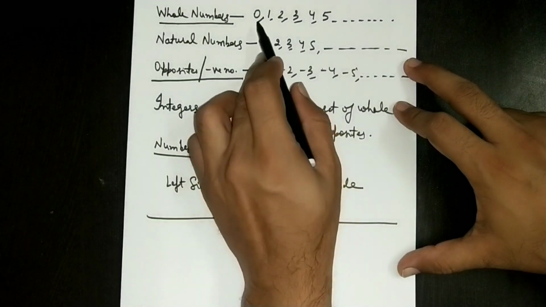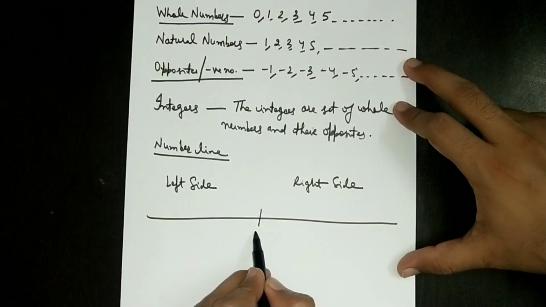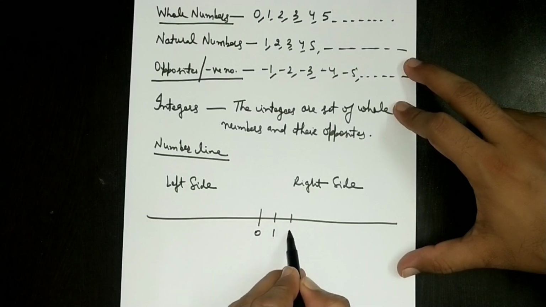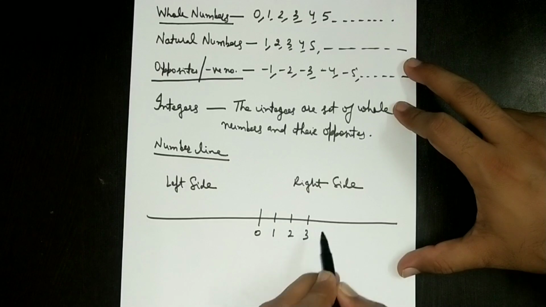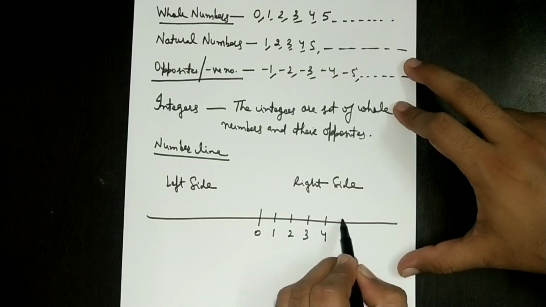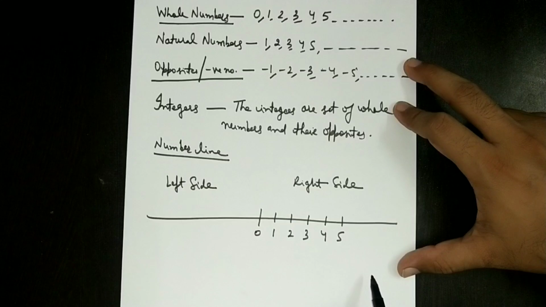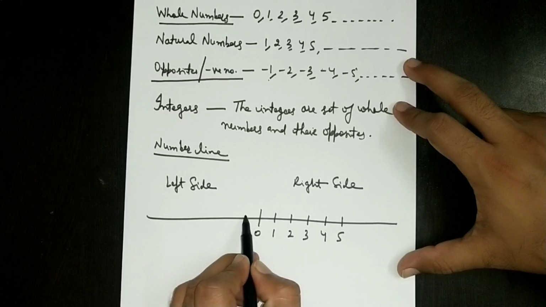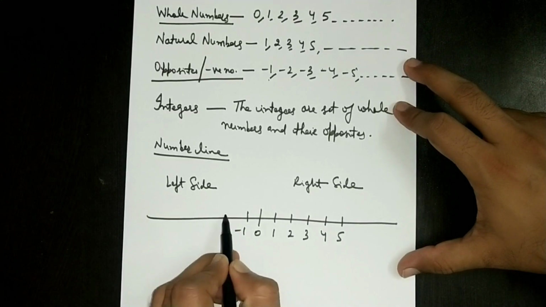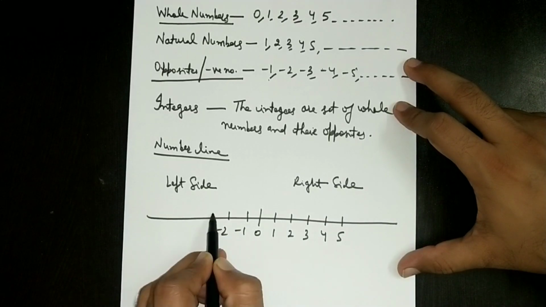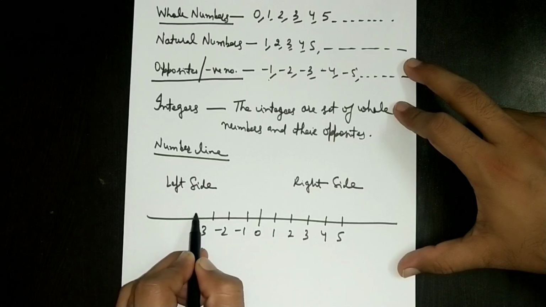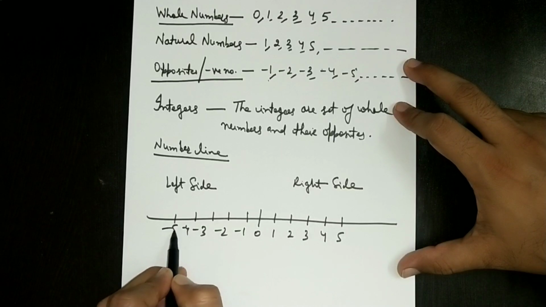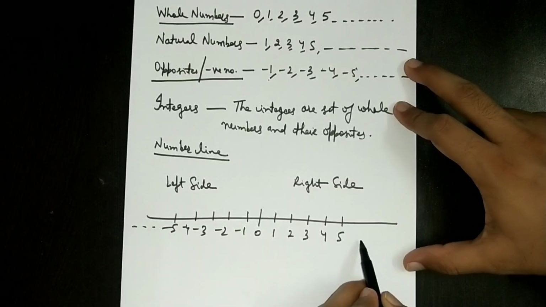So whole numbers means the numbers starting with 0, 1, 2, 3, 4, 5, and opposites, the numbers starting with -1, -2, -3, -4 and -5 and so on.